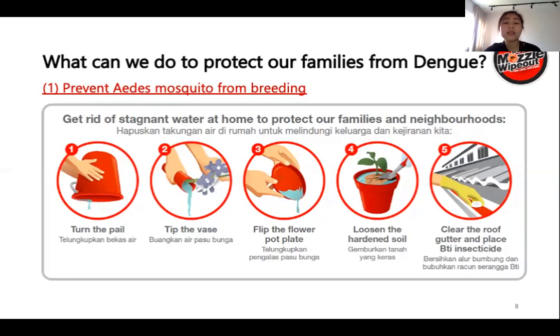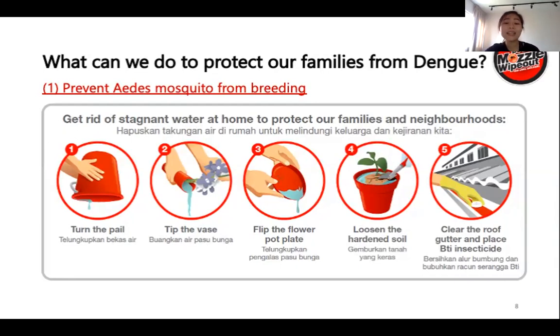The graphic here shows common mosquito breeding habitats like pails, flower vases, flower pot plates, the roof gutter, and drains. So please remember to check them regularly and turn them over to avoid pooling of water. Other habitats also include toilet brush holders, drying trays at our kitchen sinks, and the bamboo pole holders at our HDB flats.